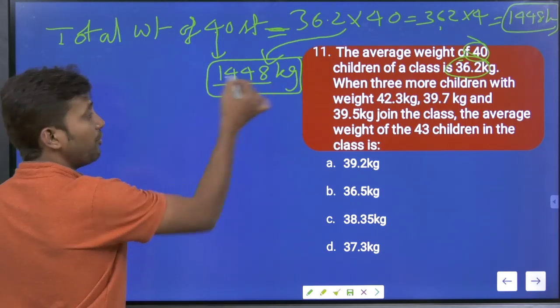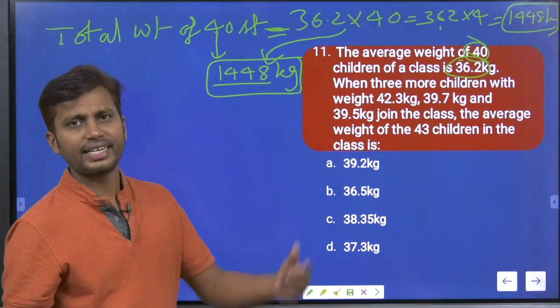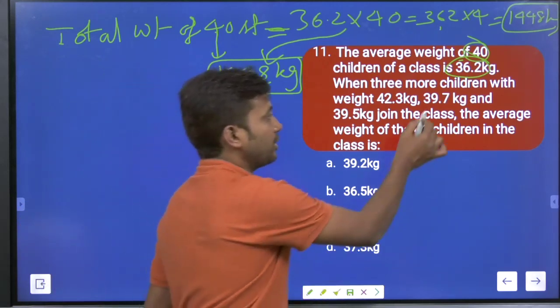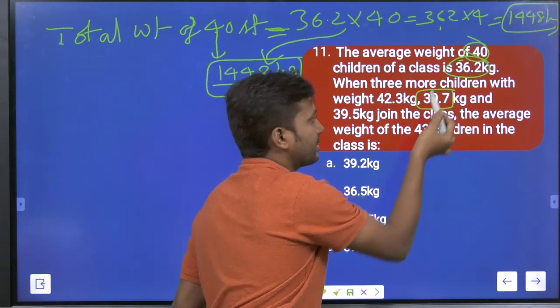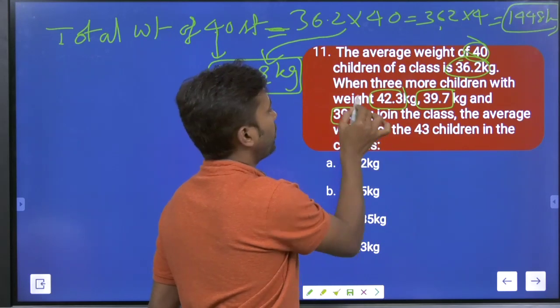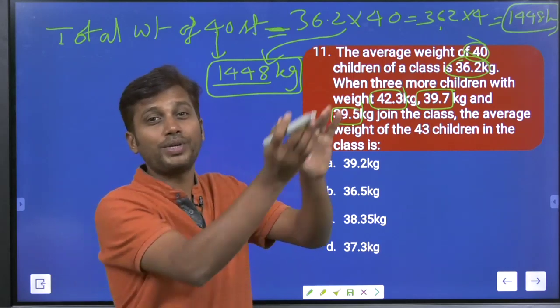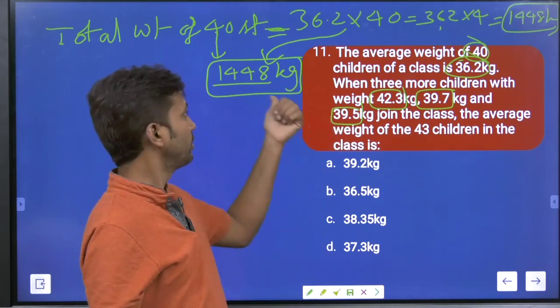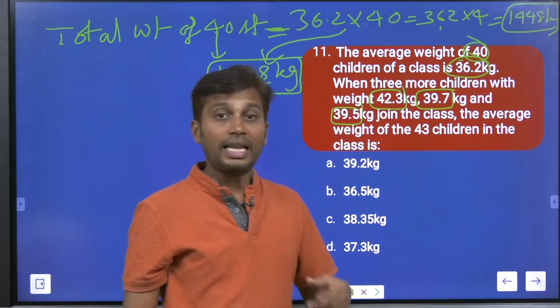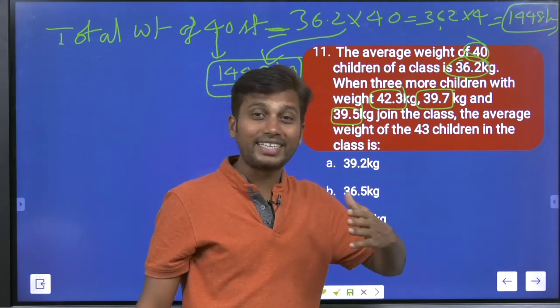That would be how much? 1448 kgs. Now, how many students are added? 3 students. And what are their weights? 42.3, 39.7 and 39.5. So the sum of their weights should also be added to this or not? First of all, let us find the sum of the weights of the 3 new students.